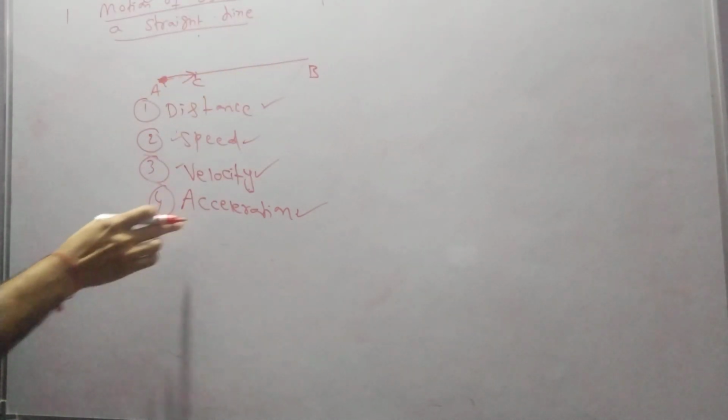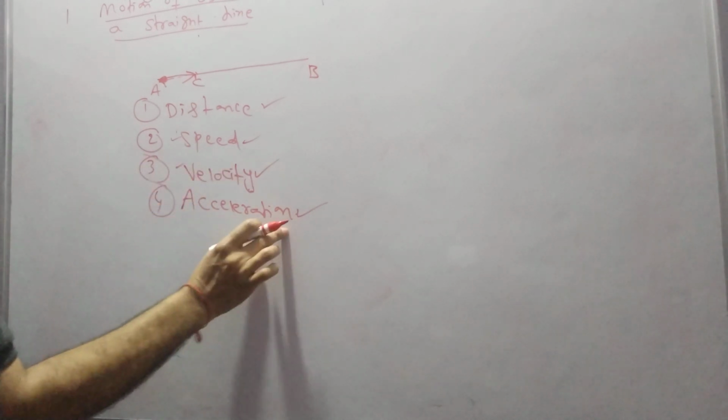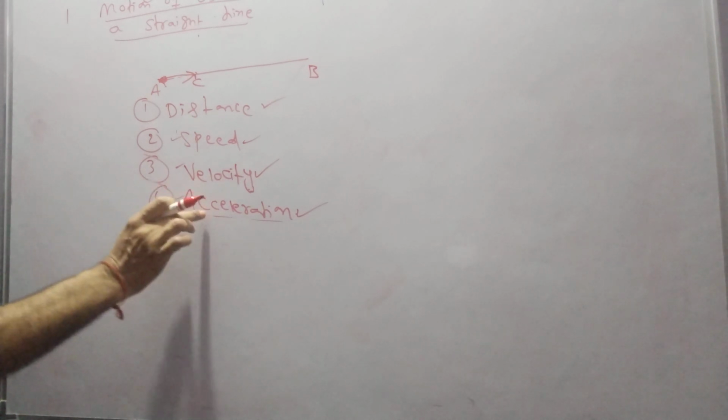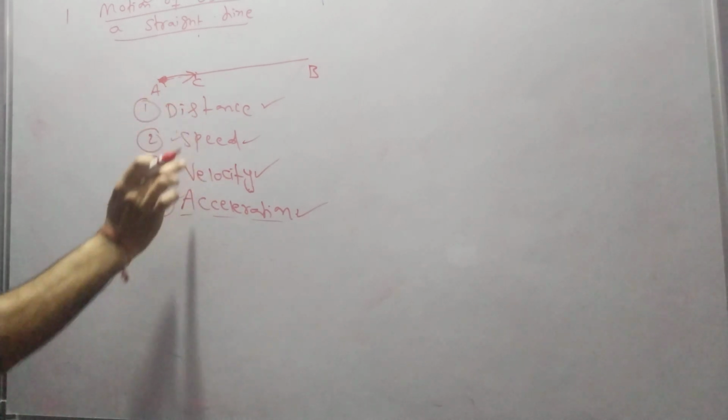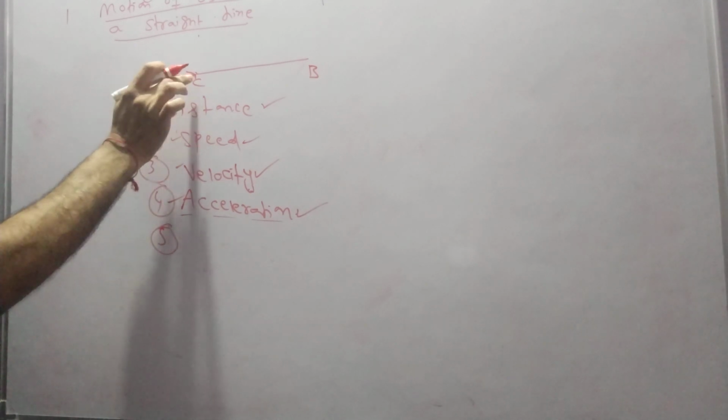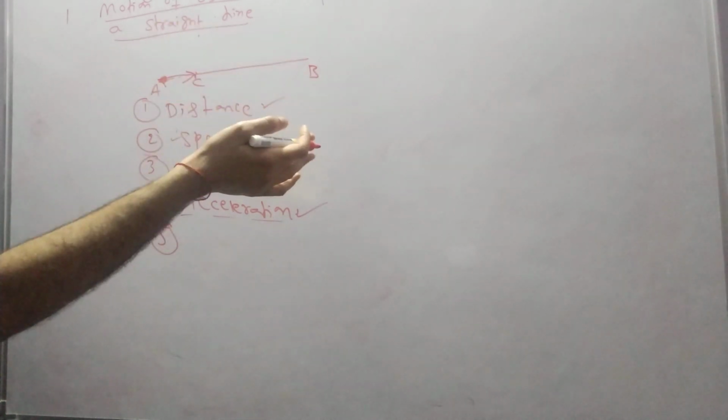At this stage, giving the exact definition of acceleration is very difficult, but this word will come in physics, and in a later stage I can explain acceleration clearly. But these words are important in physics: what is distance, what is speed, what is velocity, and what is acceleration. And the last one is time: the object moved to C in how much time.